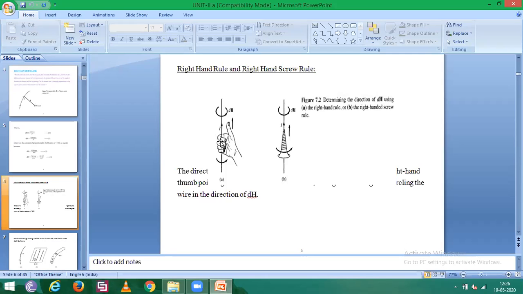When you close your hand and put your thumb out, if the thumb represents the direction of current flow, then the encircling fingers represent the direction of the magnetic field. So the magnetic field is always around the current carrying conductor, which is a very important point to understand and remember.